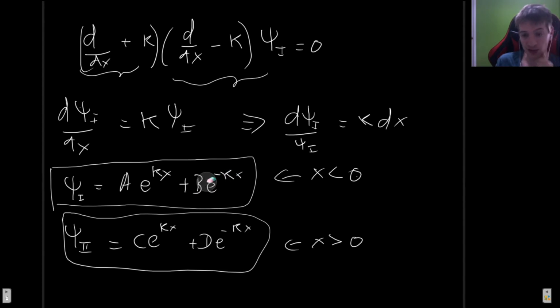Because minus minus, it will be positive, and this goes to infinity. So this part right here is not normalizable, so we have to discard it. It is not a physically acceptable solution. And similarly, when we are in the positive region, this right here is going to go to infinity as x goes to infinity. So this also has to be discarded because it's not a physically acceptable solution. So our actual solutions for regions 1 and 2 are what we see right here.